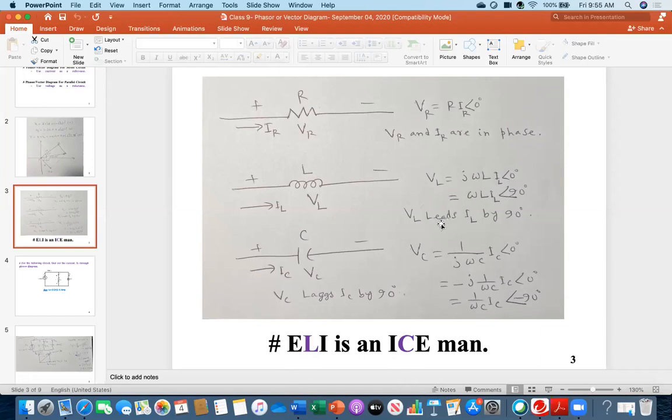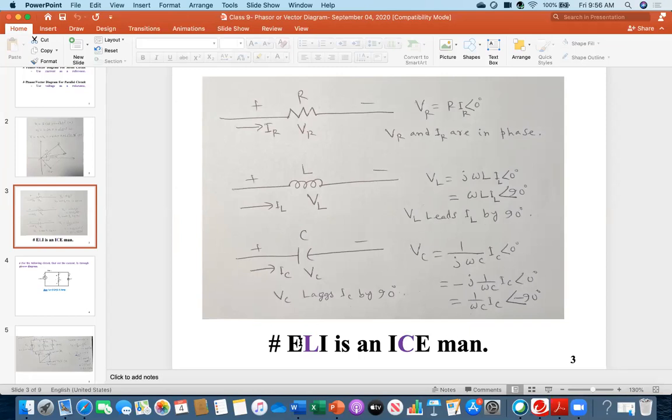Yes, you see this conclusion, VL leads IL by 90 degrees, so that you will not mix it up with this one. And then see the ICE. ICE means in the case of a capacitor, who is first? Current is ahead of the voltage. That's why in this case VC lags IC, or IC leads voltage by 90 degrees.